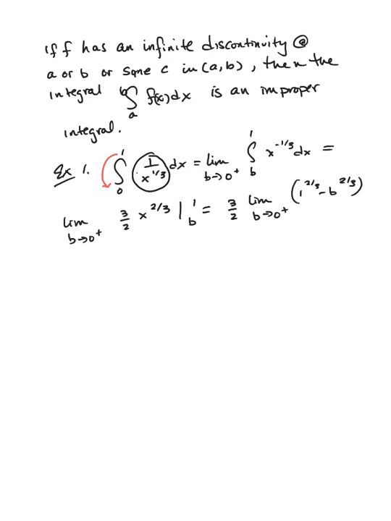You are approaching 0 from the right, so b is approaching 0, and 0 to the 2/3 is 0. So this just goes to 0. This goes to 1. So we end up with 3/2 times 1 minus 0, which is just 3/2.